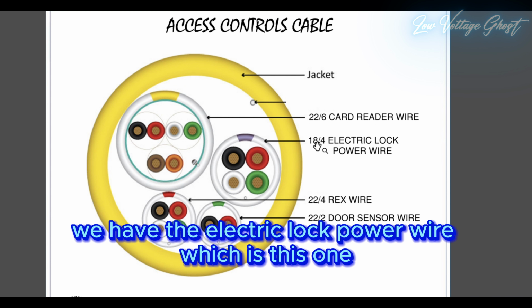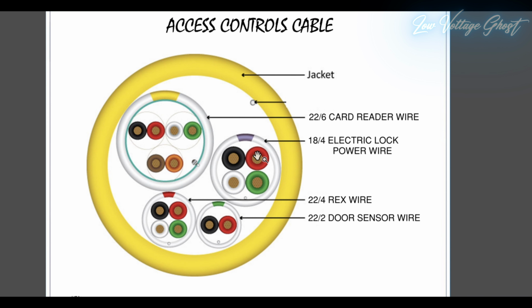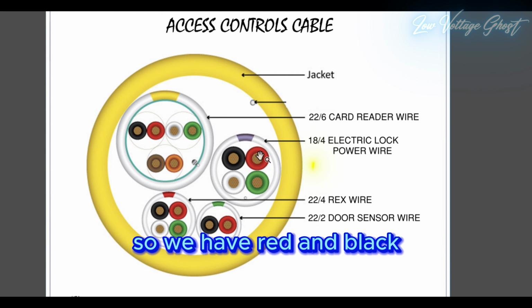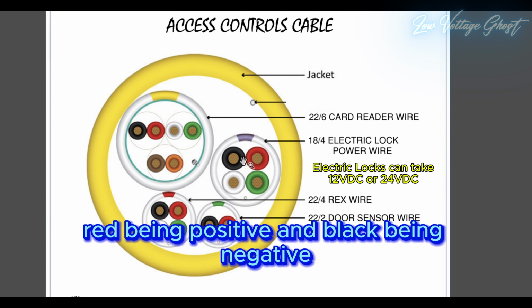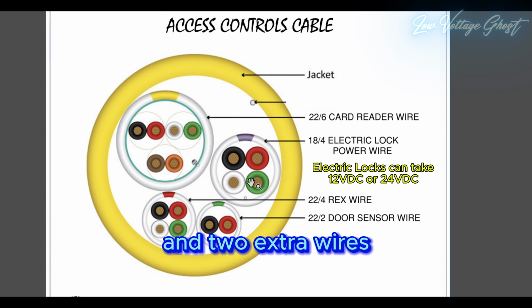We have the electric lock power wire, which is this one. This is the group of wires that will give power to the lock. So we have red and black, red being positive and black being negative, and 2 extra wires as spares.